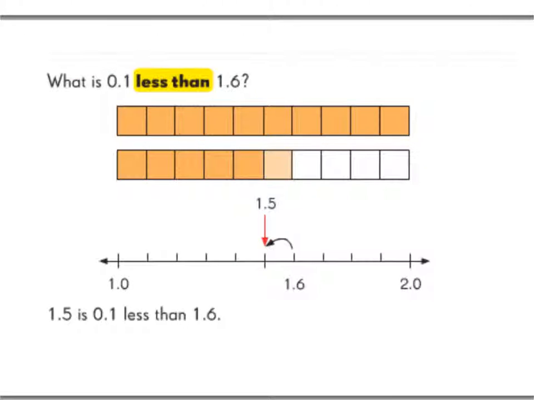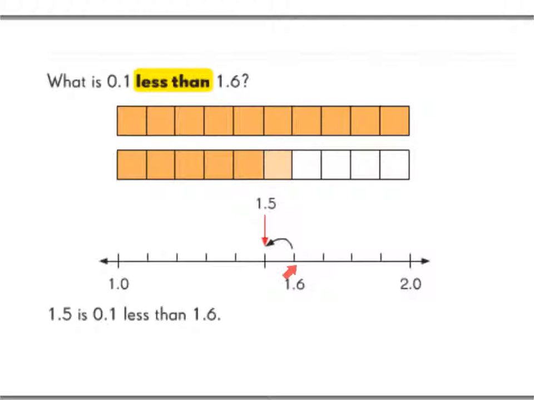And the other vocabulary, less than, we can do the same thing. Here is a model of 1 and 6/10, which is this decimal here. And we want to know what is 1/10 less than 1 and 6/10. If we go to the number line, we're looking between 1 and 2, the whole numbers.